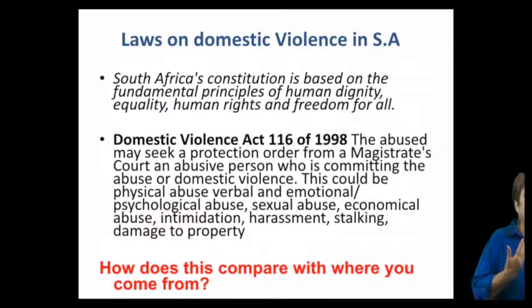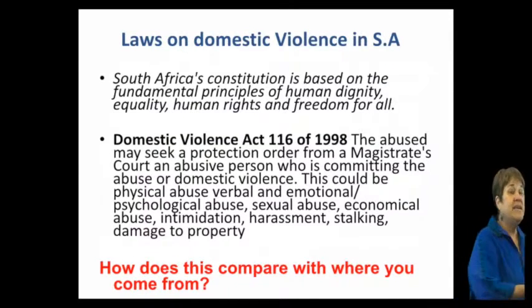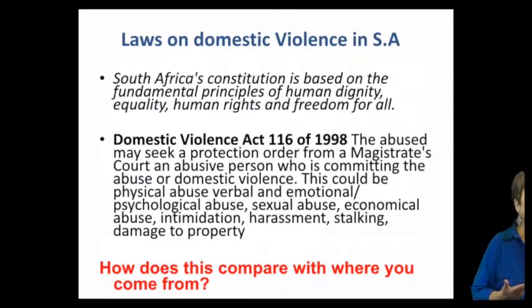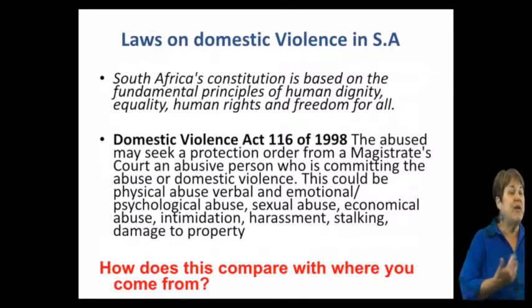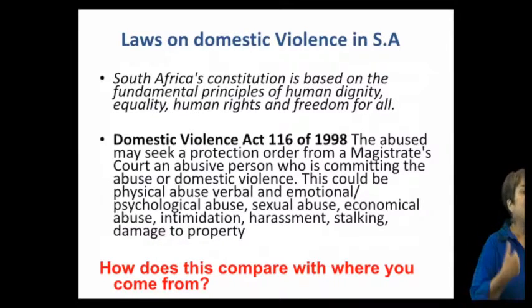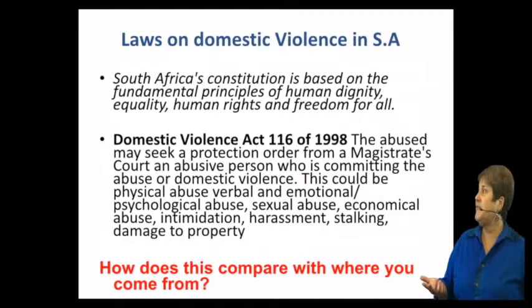Very often, those that experience domestic violence are economically dependent on the person who perpetrates the violence. So they may not be able to move out of the home. They may not be able to survive, particularly where there are children involved, without them.